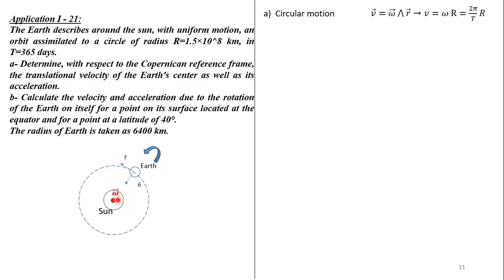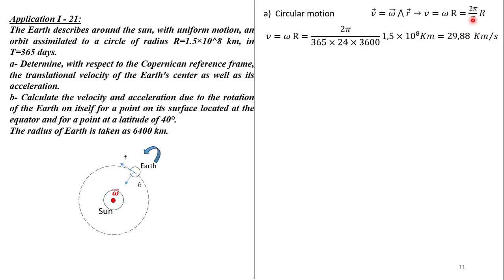So the angle between omega and r is equal to 90 degrees. So V is equal to omega times r times sine of 90. Therefore, V is equal to omega times r, which is 2 pi over T times r, because omega is equal to 2 pi over T, where T is the period of rotation.